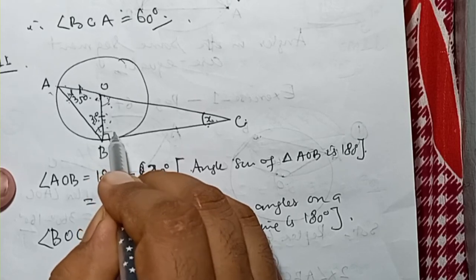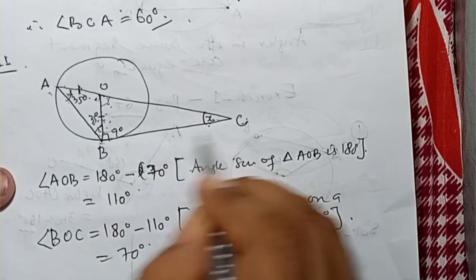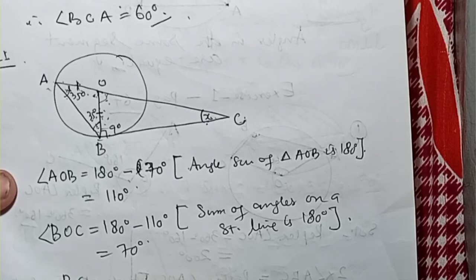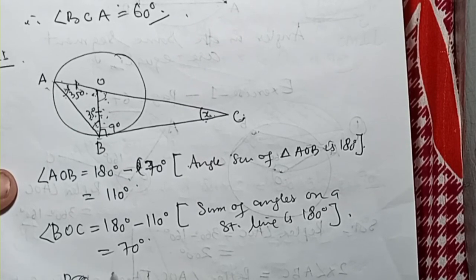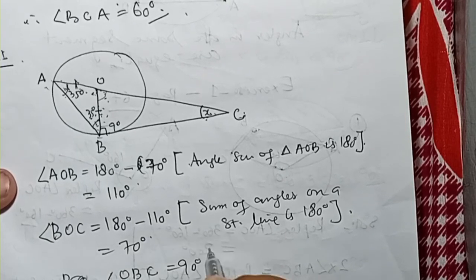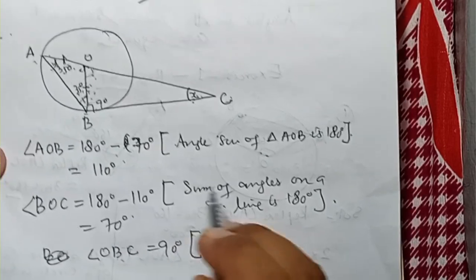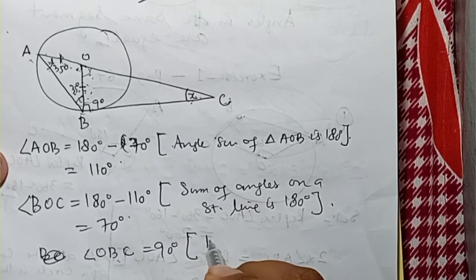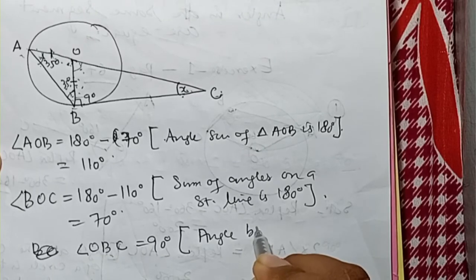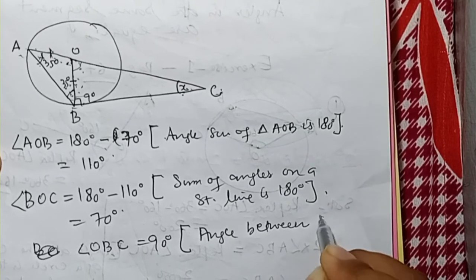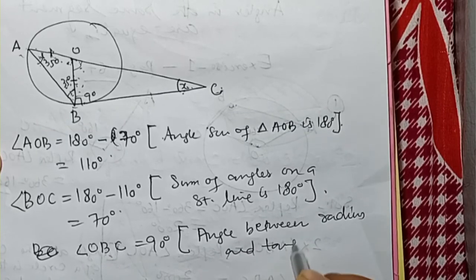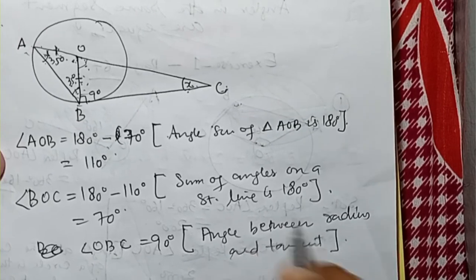This is also 90 degree because this BC is the tangent. So I can write angle OBC is equal to 90 degree. Why? Because the angle between radius and tangent is 90 degree.